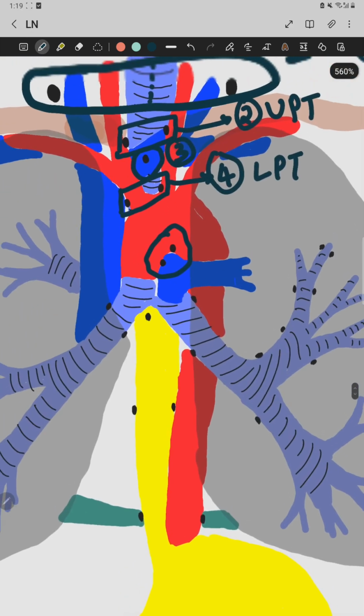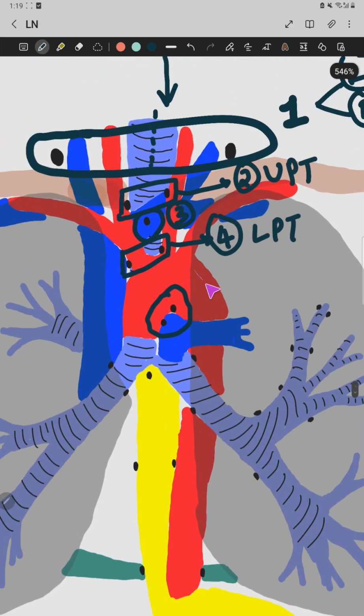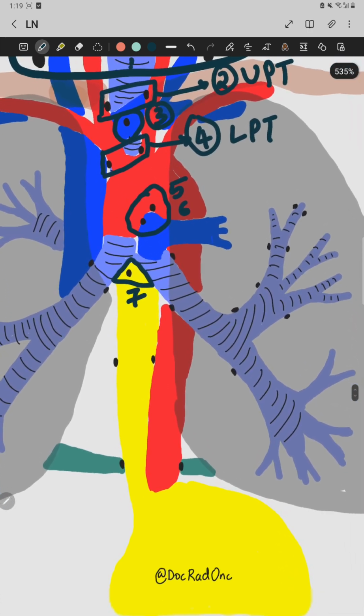Now next, coming to the one below, is subcarinal. This is 7, because the trachea divides into 2, subcarinal over here, and this one is beside the esophagus. This one is our esophagus. So beside the esophagus is paraesophageal, and this is the pulmonary ligament, which attaches to the lungs on both sides.